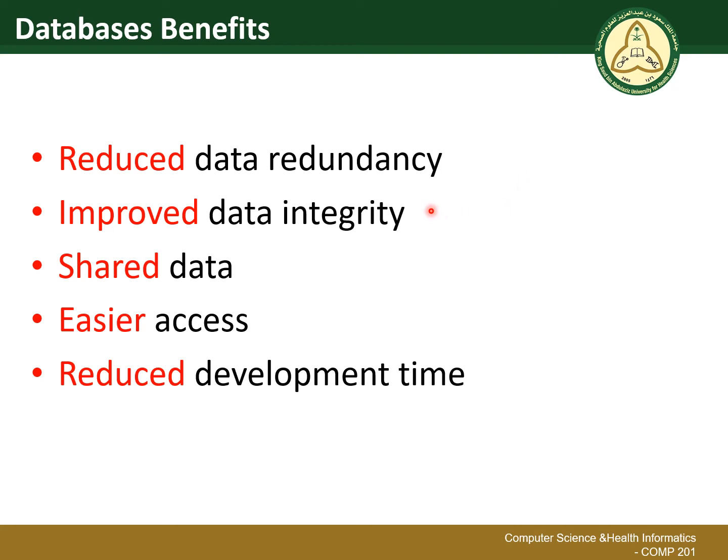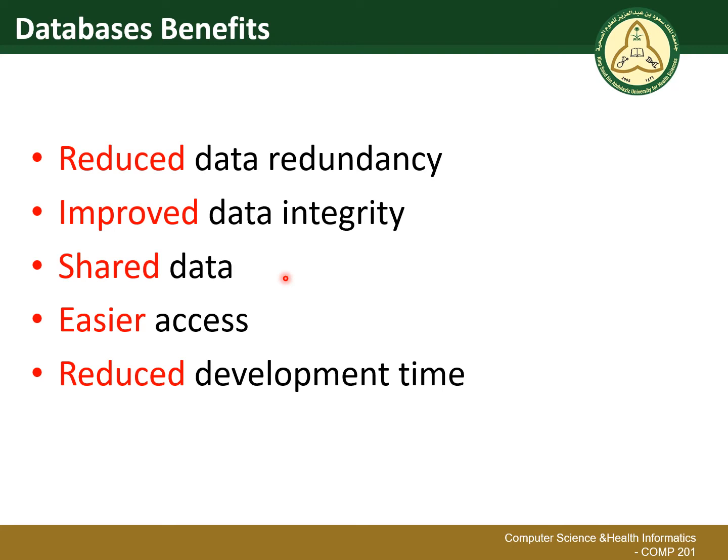Then the second item, improved data integrity. So we can improve the data integrity by having restrictions and rules on the data to verify and validate the data. The third item is shared data.